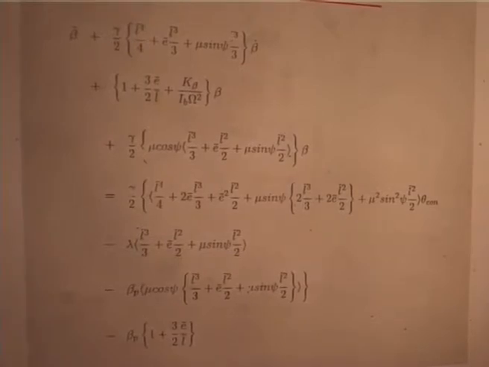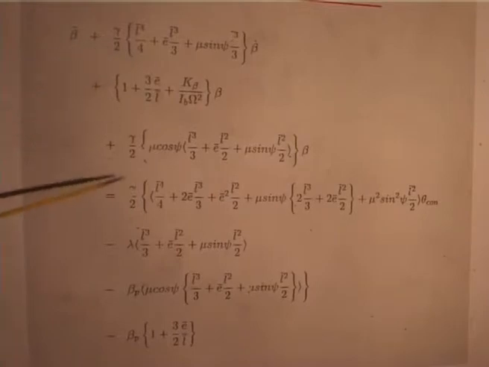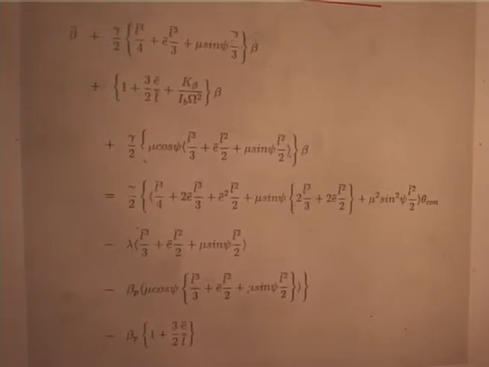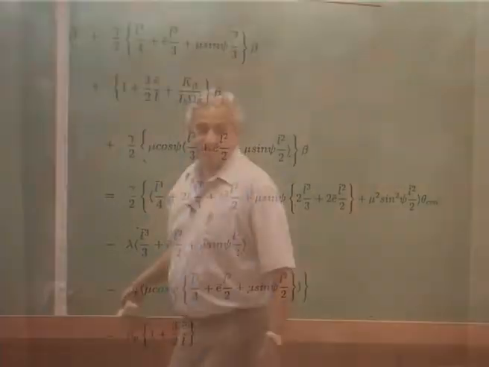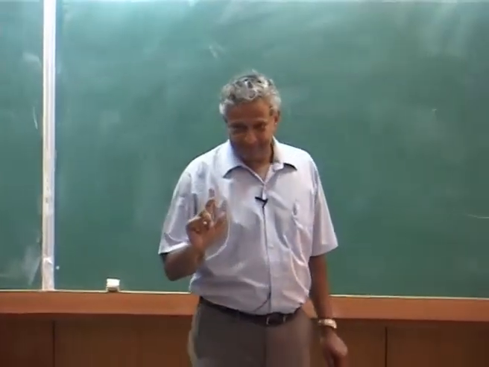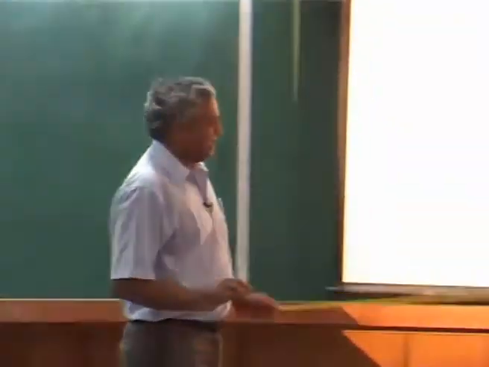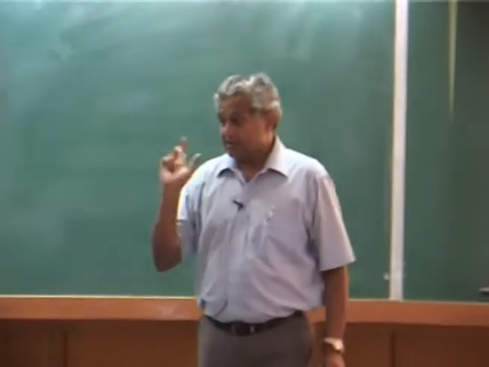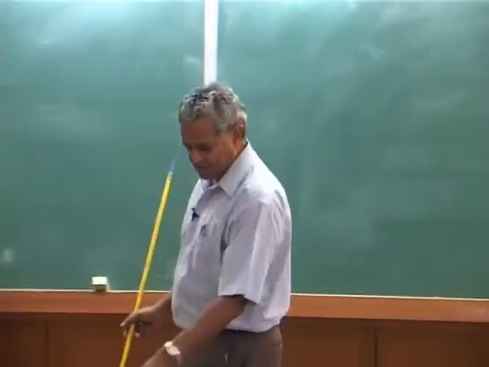Okay. I would like to discuss this particular thing a little bit carefully because of the introduction of the hinge offset. What happens to the natural frequency of the blade in flap mode, the rotating natural frequency? If I take the hover case, very simple, I can reduce this for hover.